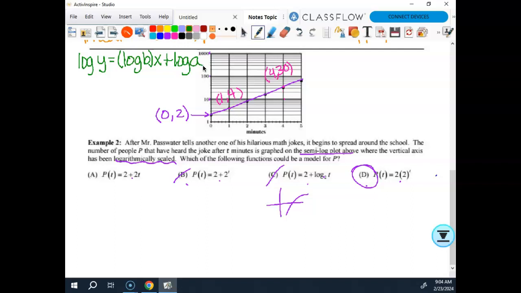Right? That's just what came from that other page.